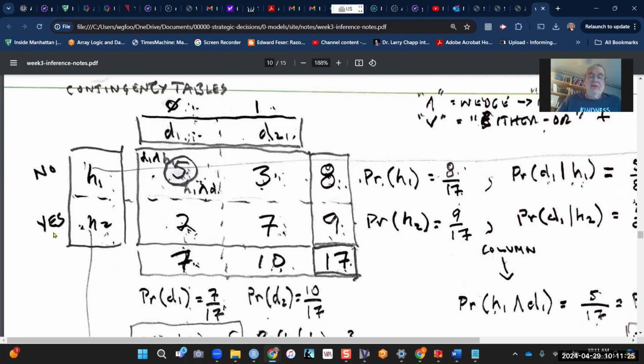H2 is, yes, true. Predation is true. I get mixed up, yes. But the coding will help us figure that out. And that ends up being 7 total ways that D1, no predation, can occur across the 2 hypotheses.